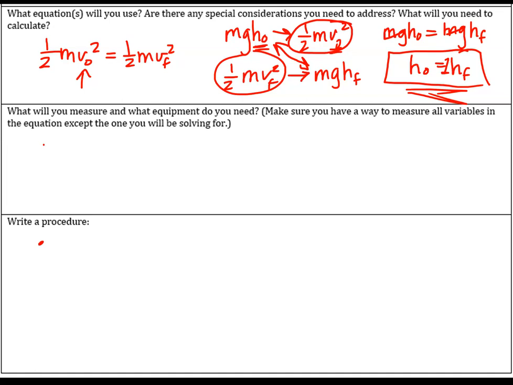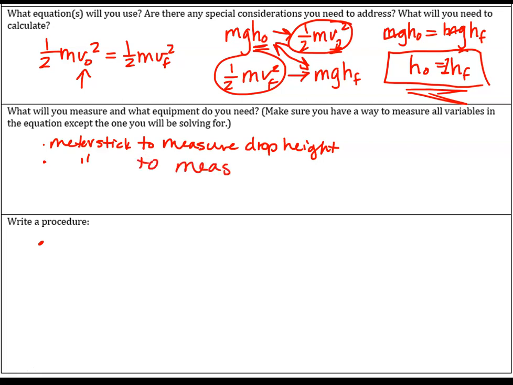So I'm going to use a meter stick to measure my initial height, to measure the drop height. And the same meter stick to measure the bounce.